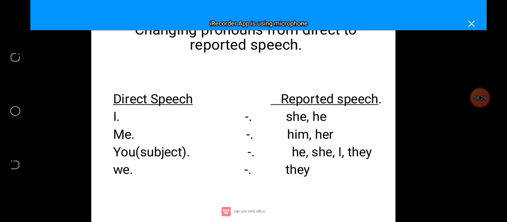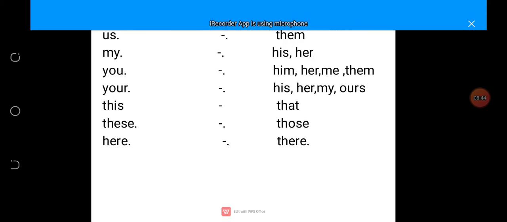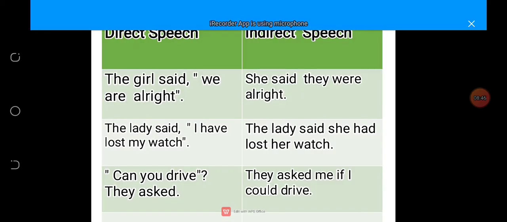And we have looked at the pronouns that are likely to appear in direct speech and how they change in the reported speech. Then we also gave some examples to correspond to the lesson we are learning.